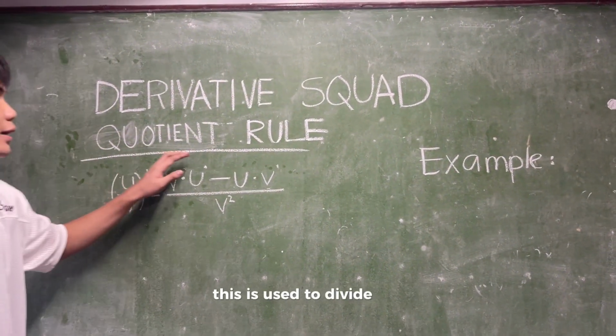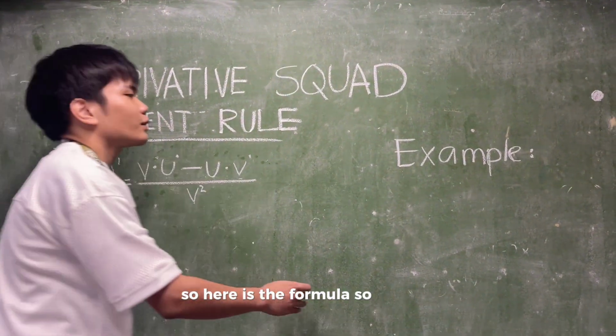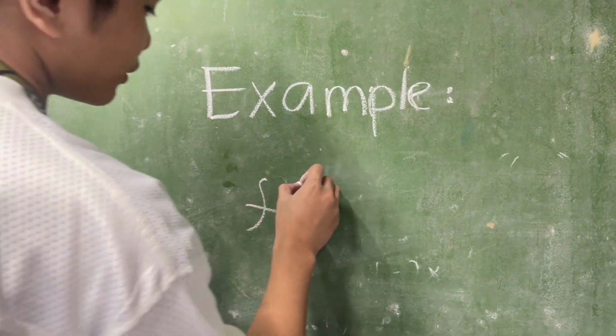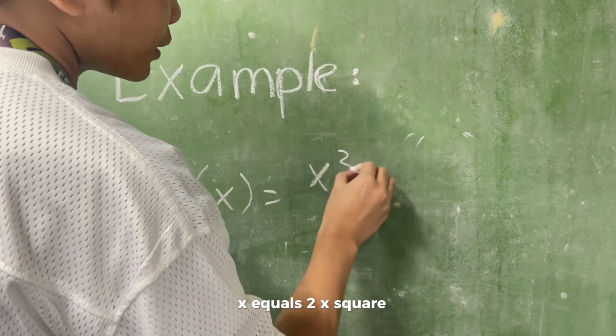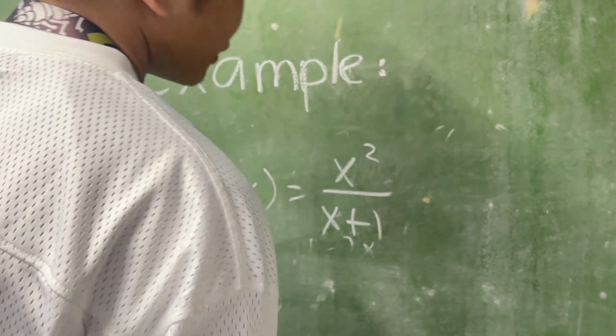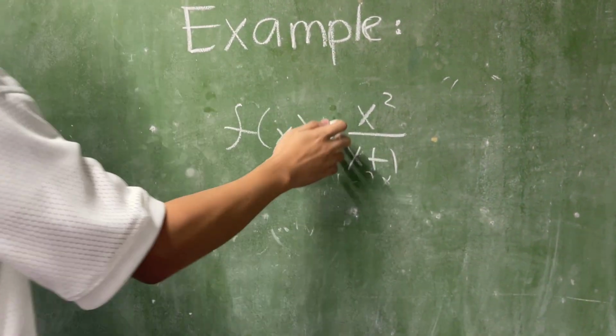Hello again. So we're going to proceed to the quotient rule. This is used to divide two functions. So here is the formula. For example, suppose we have x squared over x plus 1. We have to determine which is the u and v.